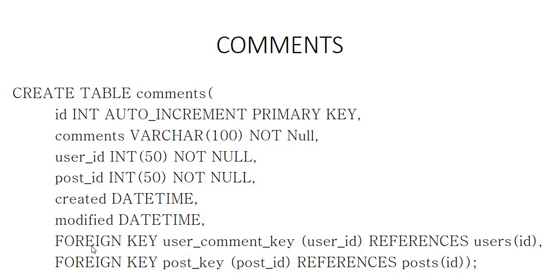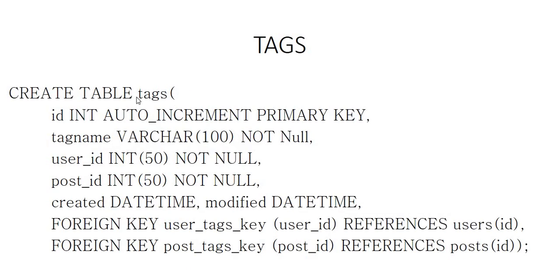So that is what I have denoted here. Foreign key user comment key. Okay, user id of the comment table is referencing the id of the users table. And here foreign key post id inside the comments table is referencing the id of the post table. Okay, this is how we can create foreign keys.